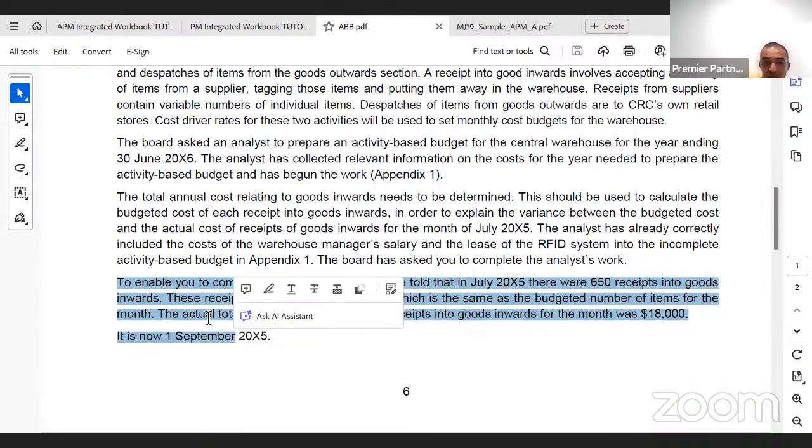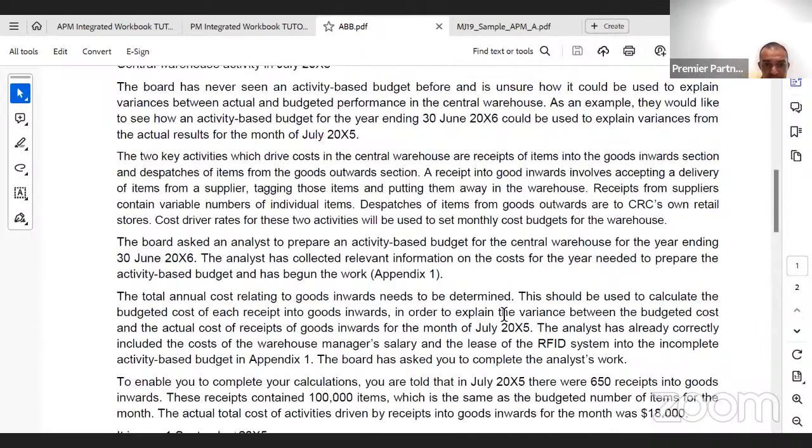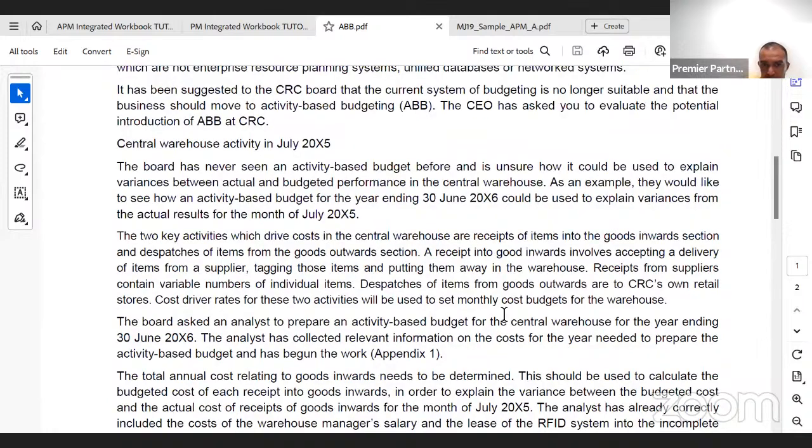They have given you some information in the last paragraph which we need for calculations. Now look at this.